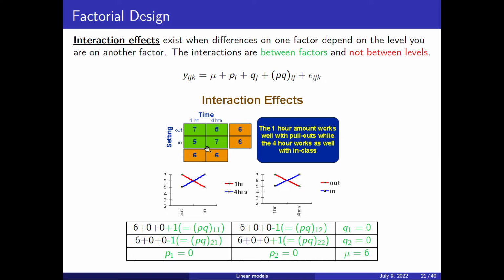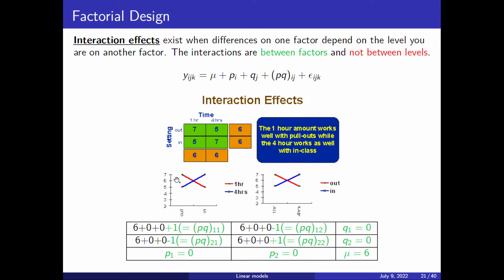Okay, good. So what if I get these numbers? If I get these numbers here, I would do the same procedure. So the overall mean is 6, but then in 1 hour, 4 hours, there is no difference, and out of class or in class, there is no difference. So all these contributions of the main factors are 0.